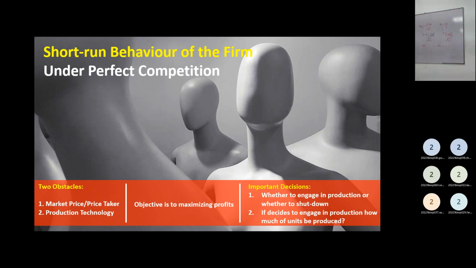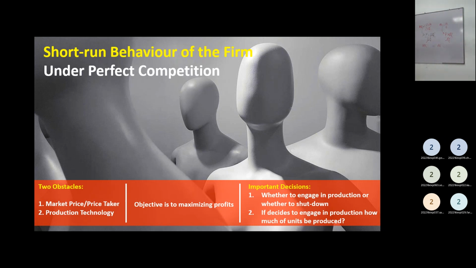Now, when they continue their operation, there are three scenarios. They can operate by earning profits, by breaking even, or by making losses. Very simple. We need to analyze those three if they decided to continue their business.